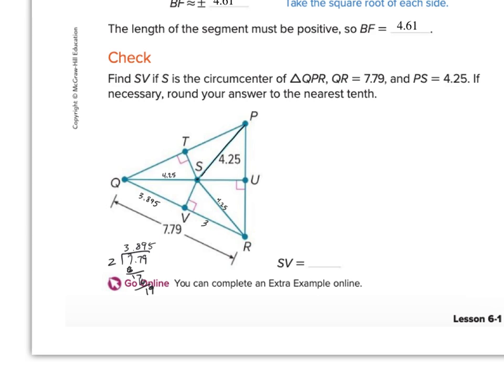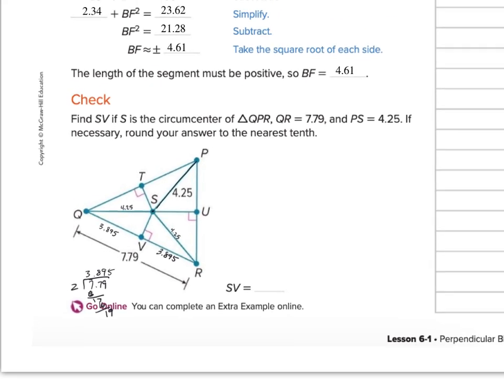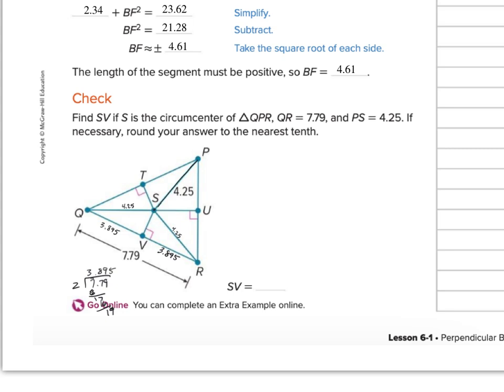And then this is 3.895 because they are the same. And then it says, if necessary, we're looking for SV, this length right here. So we can use the Pythagorean theorem. You have a squared plus b squared is equal to c squared, and this would be c, a, b.